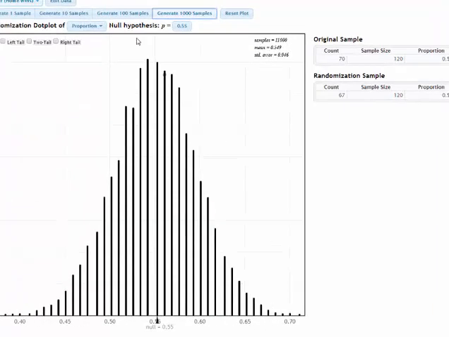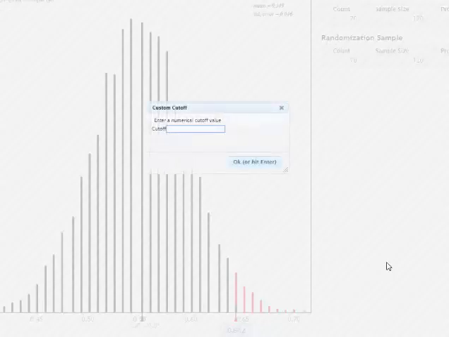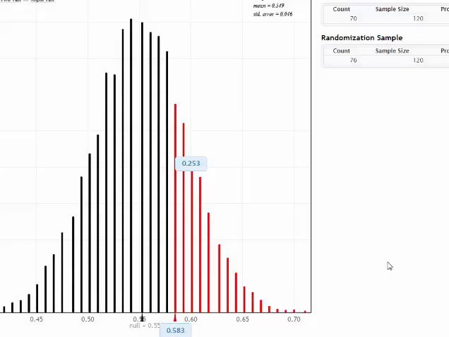What are our chances of getting a value as high as 0.583? P-value 0.25. Okay, not that unusual at all. So depending on what our null hypothesis is, the p-value is going to change for any particular value. All right, so those are our different distributions that we've looked at thus far.